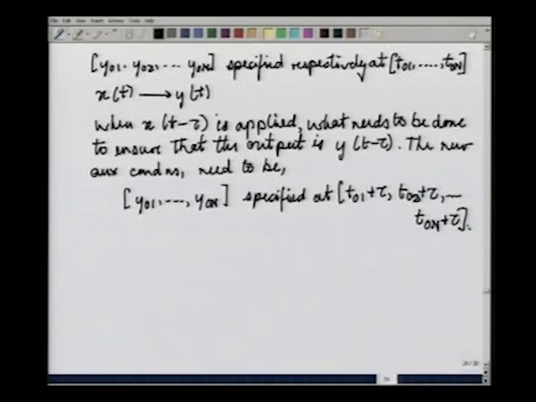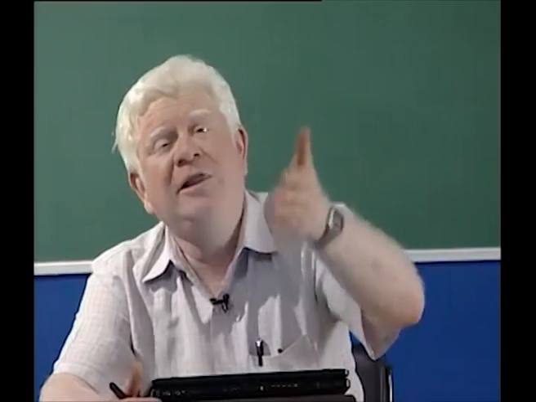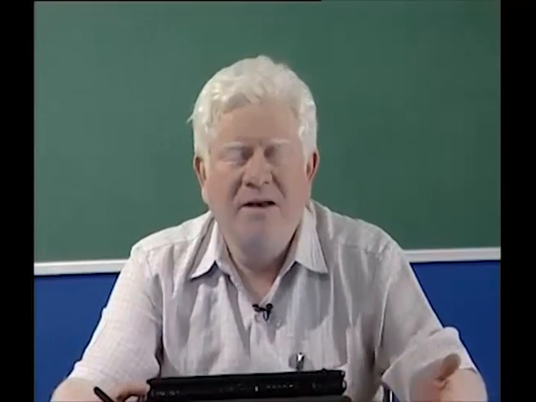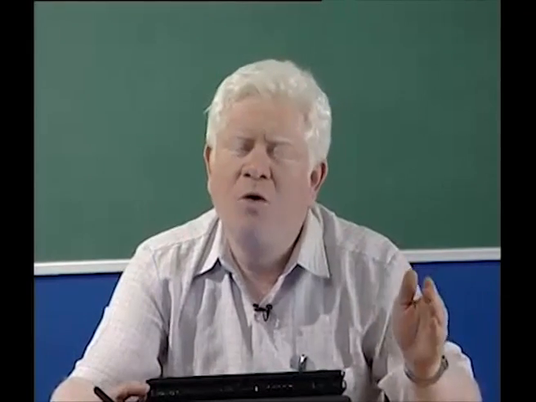That means when you shift the input, shift the times of specification of all the auxiliary conditions appropriately by the same amount in the same direction. Then y(t), which is what you got with the old set of auxiliary conditions and the old input x(t), will now become y(t minus tau).